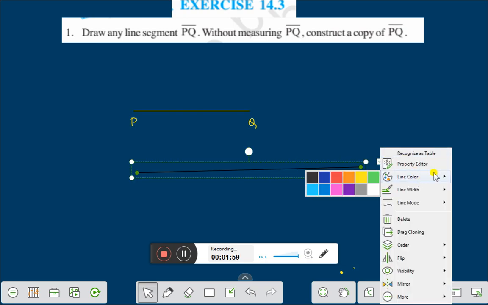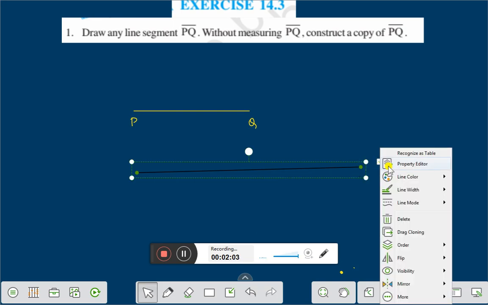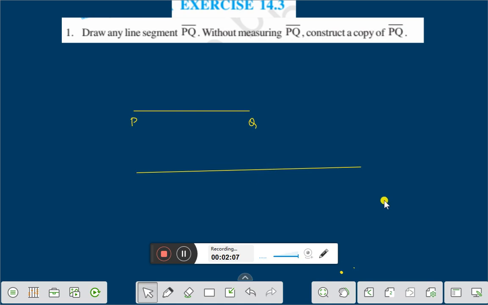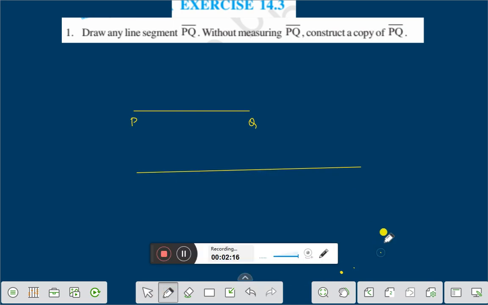We change the color of the line to yellow, and the name of the line is L. Here you see, we've taken it as L.